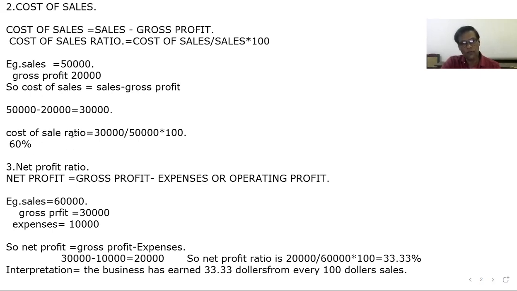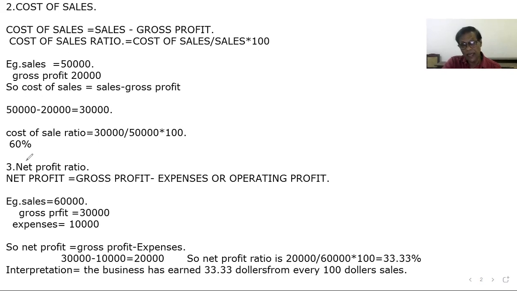So therefore, the cost of sales ratio is 30,000 cost of sales divided by sales 50,000 multiplied by 100, which equals 60%. So when you are doing the interpretation, you can tell that for every $100 of sales, $60 was incurred as cost of sales. Now the interpretation is here.